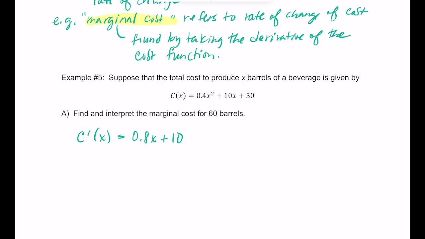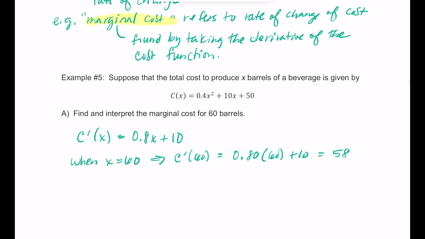So what this tells me is when x equals 60, C prime of 60 is going to be 0.8 times 60 plus 10. So that's just going to give me 58.